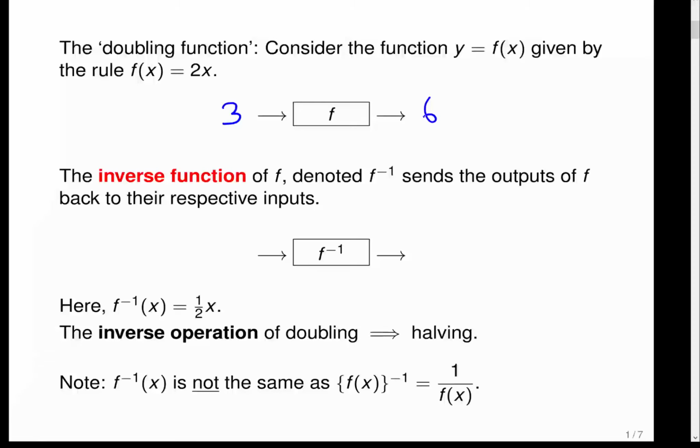The inverse function of f sends the outputs of f back to their respective inputs. That is, the inverse function maps y values back to their original x values. So for our doubling function, throwing 6 into its inverse function will result in the 3 being recovered.